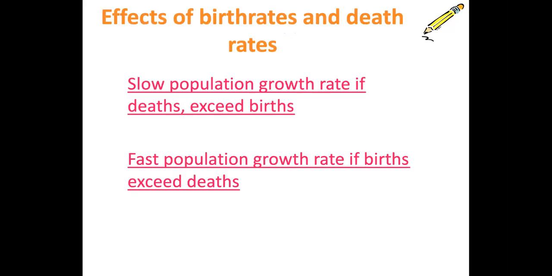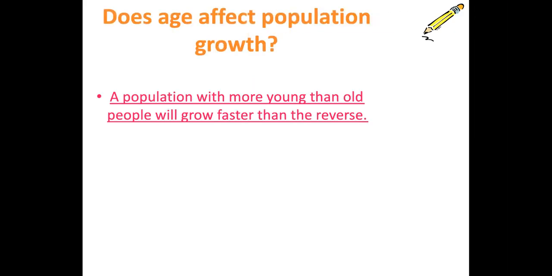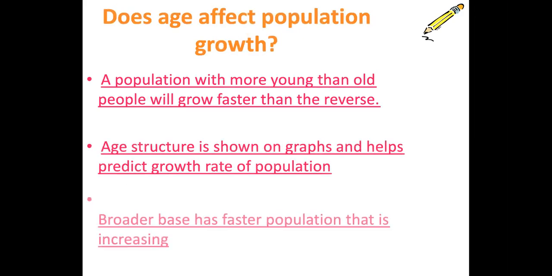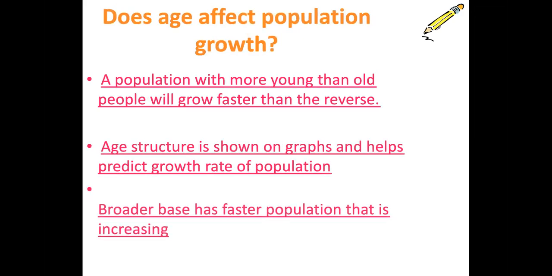So we've already talked about birth rates and death rates. There is a slow population growth rate if deaths exceed births, and a fast population growth rate if births exceed deaths. So does age affect population growth?